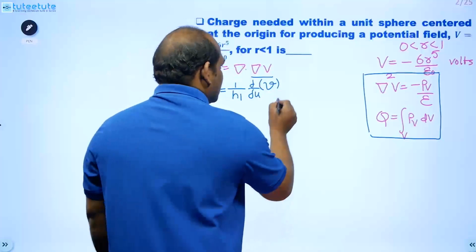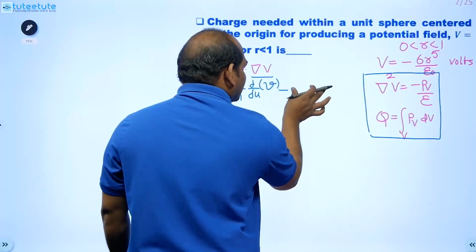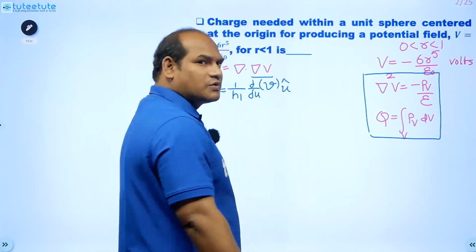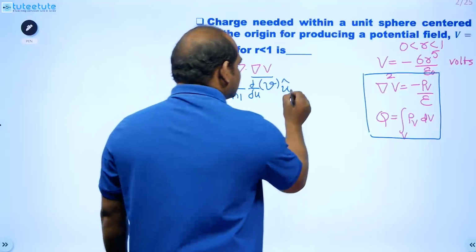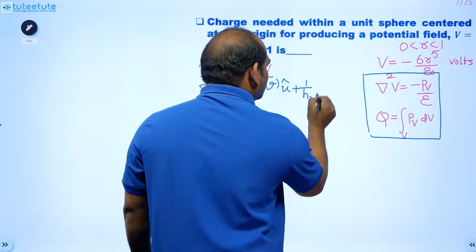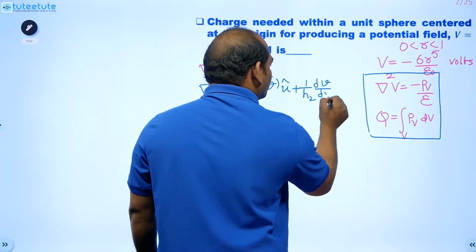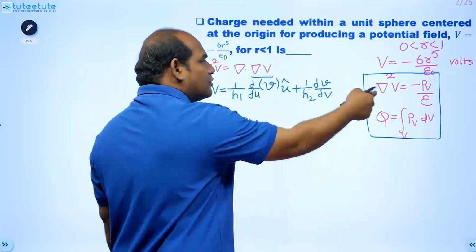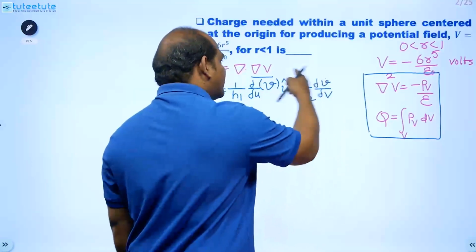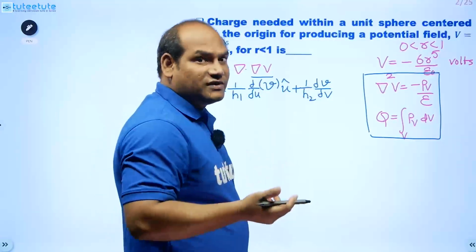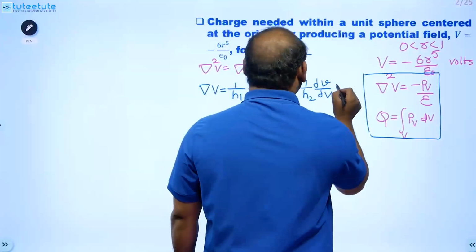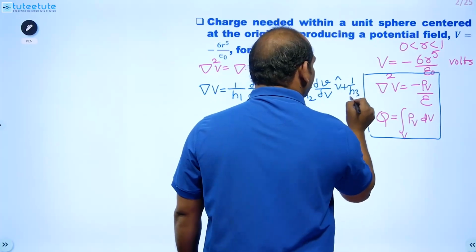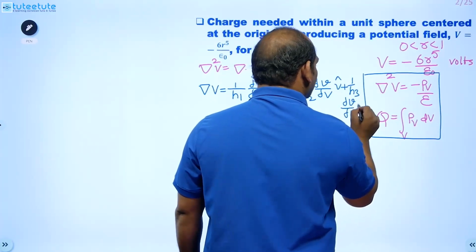Because the resultant of the gradient is a vector, here u cap we have to write, plus 1 by h2 dou V by dou v, v cap. This u, v, w is nothing but r, theta, phi, but the numerator V represents our potential field. And then plus 1 by h3 into dou V by dou w, w cap.